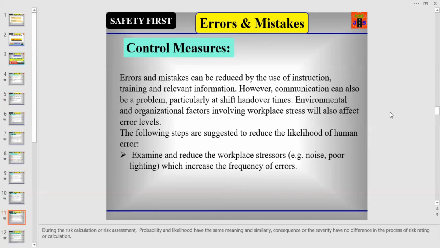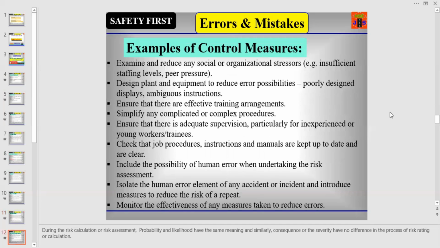Number one, examine and reduce the workplace stressors, for example, noise, poor lighting, etc., which increase the frequency of errors. Number two, examine and reduce any social or organizational stressors, for example, insufficient staffing levels or peer pressure.